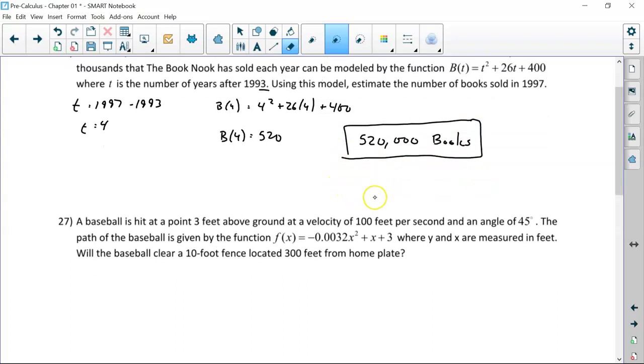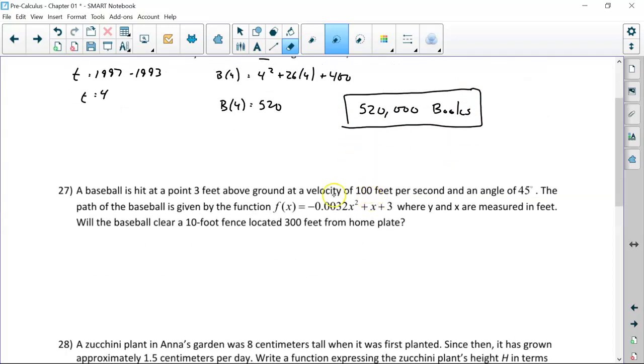For 27, once again, we're evaluating this function. So we want to find out, will it clear a 10-foot fence 300 feet from home plate? Now we're given the equation, and f of x is going to be telling us what the height of the ball is at any point.